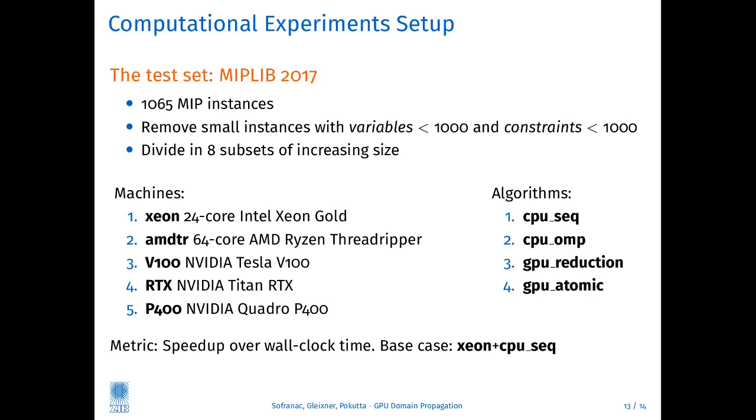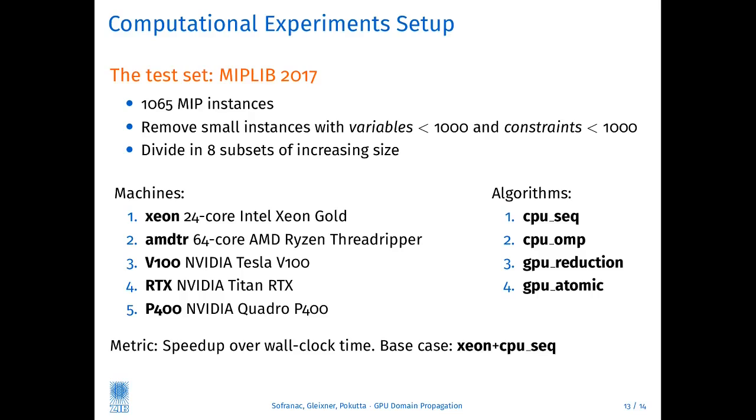In terms of hardware, we tried our implementation on 5 machines. First, we have the 2 high-end CPUs, a 24-core Intel Xeon machine and the 64-core AMD Ryzen. Then we have the 2 high-end GPUs, the NVIDIA Tesla V100 and the NVIDIA RTX. Lastly, we also use the low-end consumer-grade Quadro P400 GPU that is often found in home-use desktops.